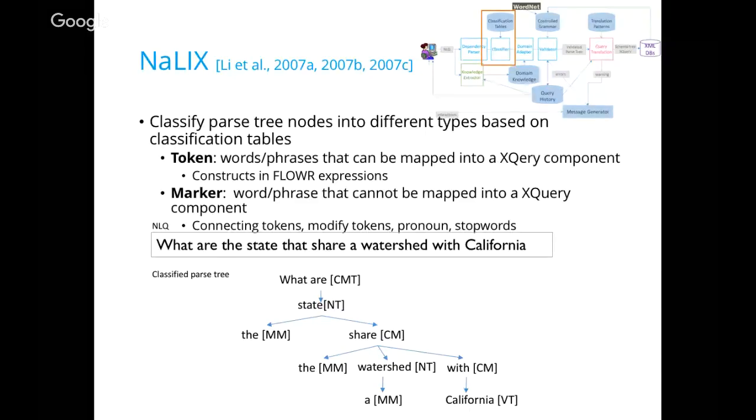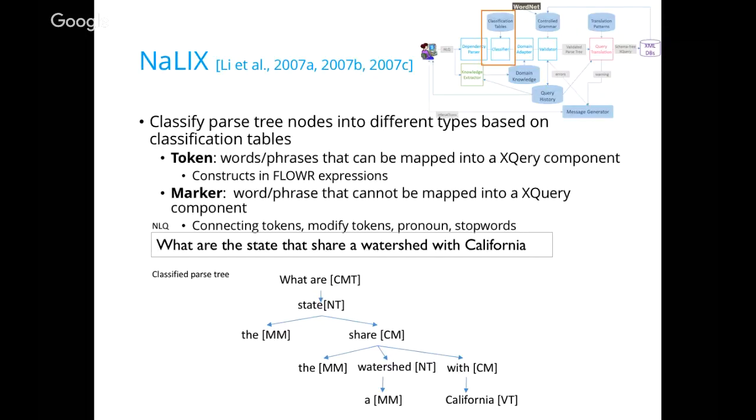So let's look at the query here. What are the states that share water with California? So after classification, it tells you what the tokens are. Anything ending with T is essentially a token. Anything ending with M is a marker. So for example, here, CMT basically tells the system that it understands this corresponds to a return clause.